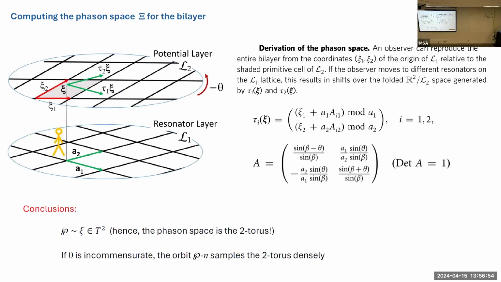I'll put the resonator layer. So here are the active degrees of freedom. Here is the potential layer. And if we just put them randomly on top, can we make a one-to-one correspondence between this pattern and something that we know very well, like the points of a torus? And the answer is yes, because here it is. This fellow always stays at one of these nodes.